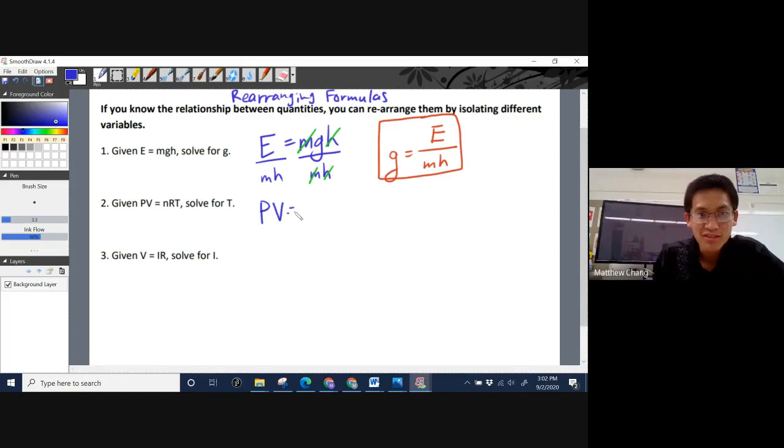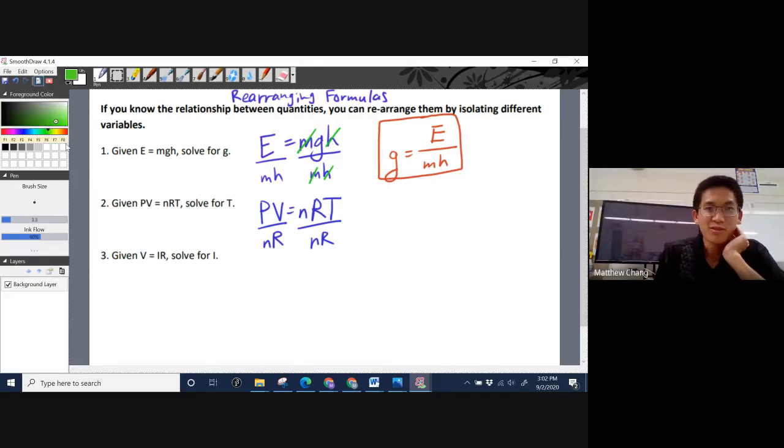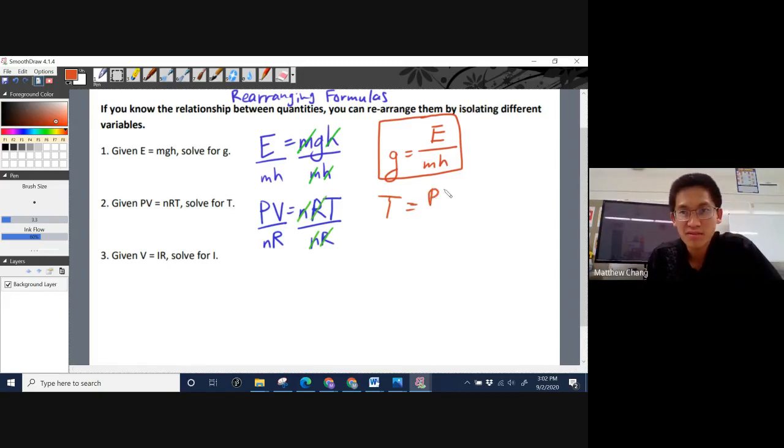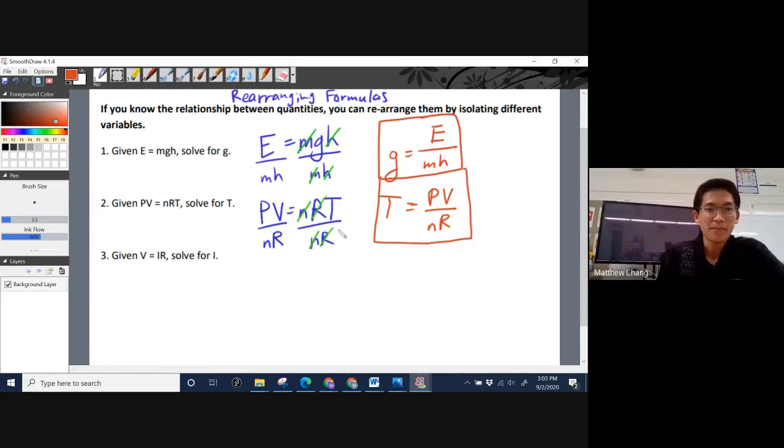Our goal is to isolate the variable T, so we can divide both sides by n times R. The n's cancel and the R's cancel, and we're left with T equals PV divided by n times R.